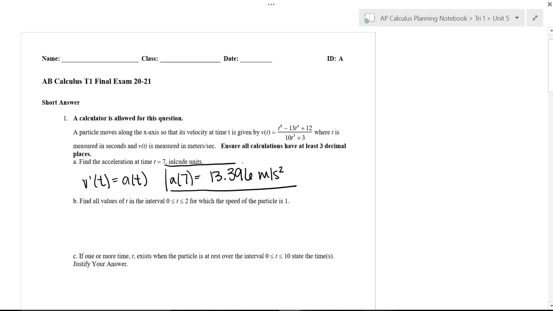Looking over at the rubric for part A, on this rubric, it was 1 point for the answer and 1 point for the units. So you got 2 points total, 1 for the answer and 1 for the units.